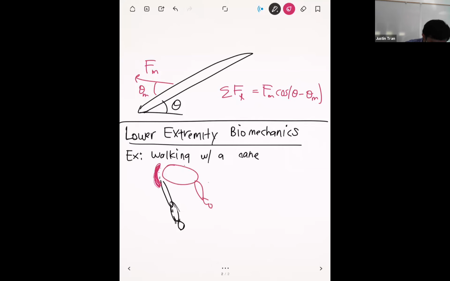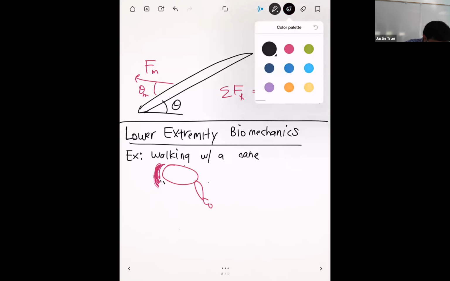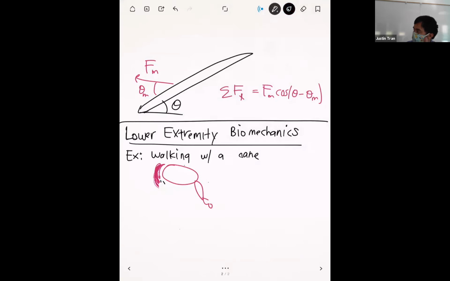Your hip flexor muscles have to do a lot of work in this case because your entire leg is bending inwards. When you're walking with the cane, the cane shifts your center of gravity outwards. And so that straightens this leg out. It's no longer twisted so far inwards. It's a lot more straight.